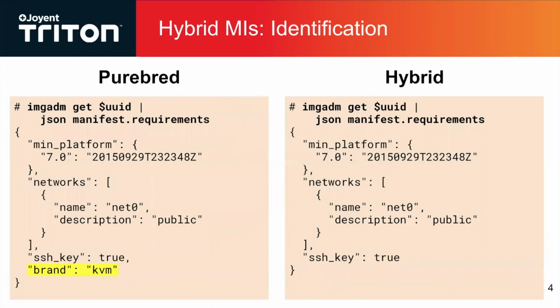If the image manifest has a brand property, that means it is a purebred. If it does not have a brand property, it means it's hybrid. And brand could be KVM or Bhyve, ignoring the various container images out there.